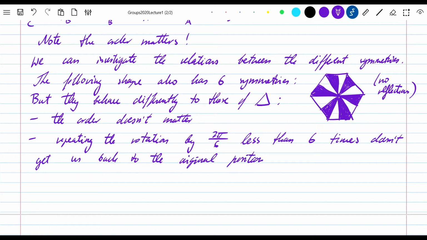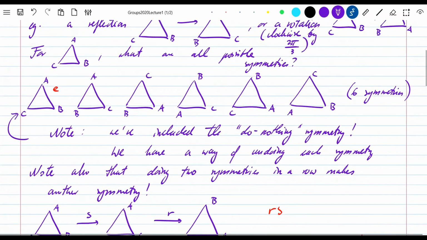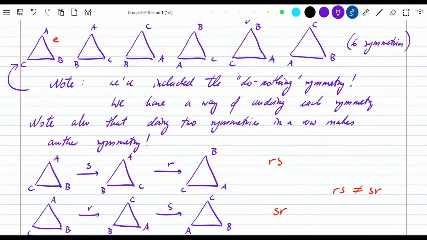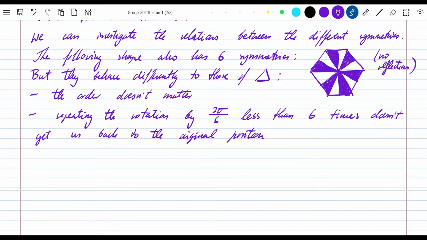Okay, so this is the smallest non-trivial rotation that we can do. If we repeat it less than 6 times, we're not getting back to the original position. Whereas for the triangle, if we think about all of the symmetries that we looked at above, actually repeating any of them 2 or 3 times is sufficient to get us back to the original labeled shape, right? So that's another difference between these two sets of symmetries.